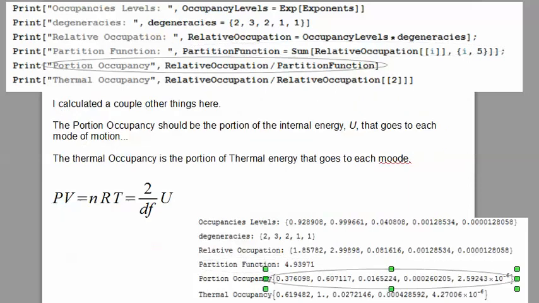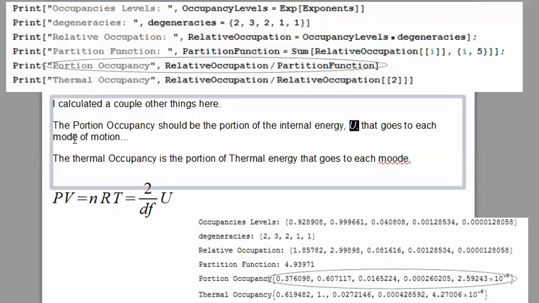Okay, I calculated a couple of other things here. The portion occupancy should be the portion of internal energy U that goes into each mode of motion. So if you've got internal energy of 1 joule, then 0.607 joules would go into linear kinetic energy, 0.376 joules goes into rotational kinetic energy, and about 16.5 millijoules would go into the bending vibrational mode.